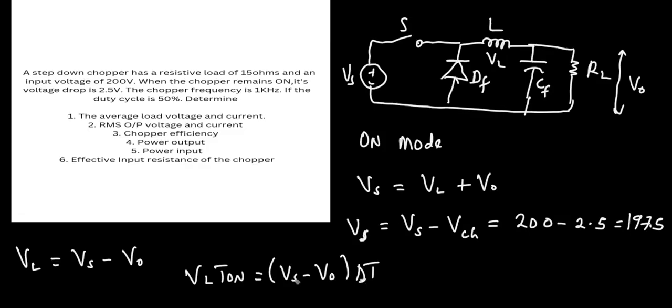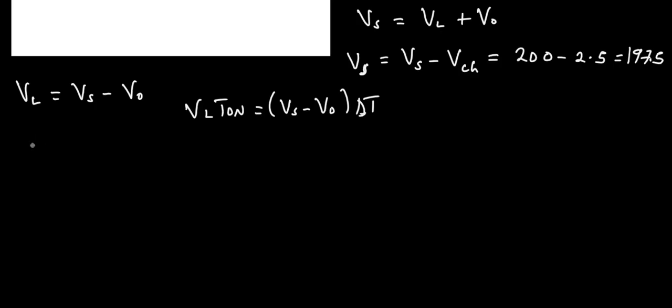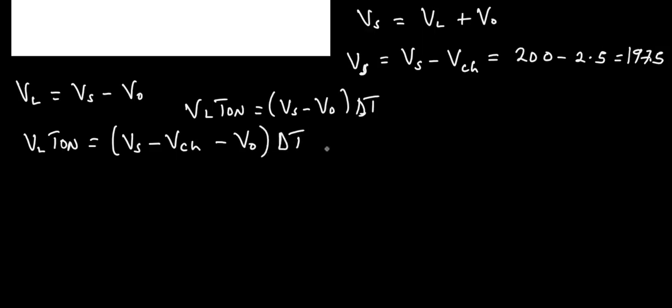And of course, the Vs here is our new Vs, which is Vs minus VCH. So let me write it. We have VL T on equals Vs minus VCH minus V naught multiplied by dT.